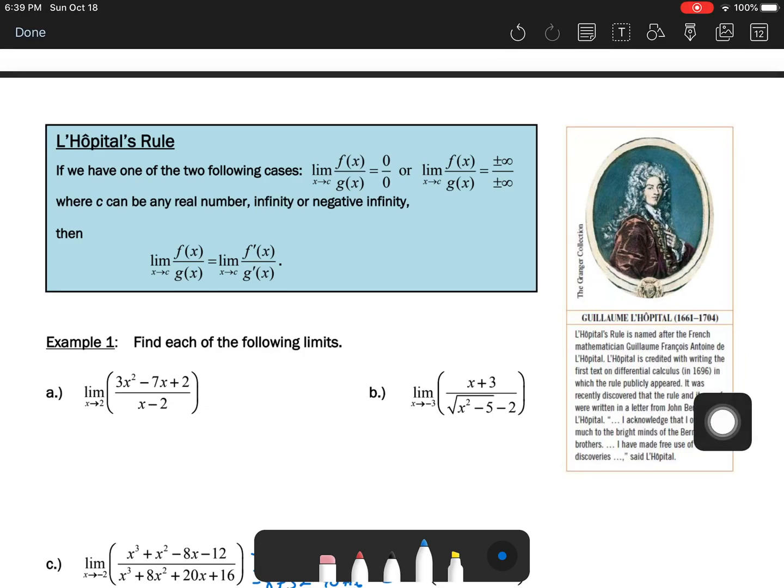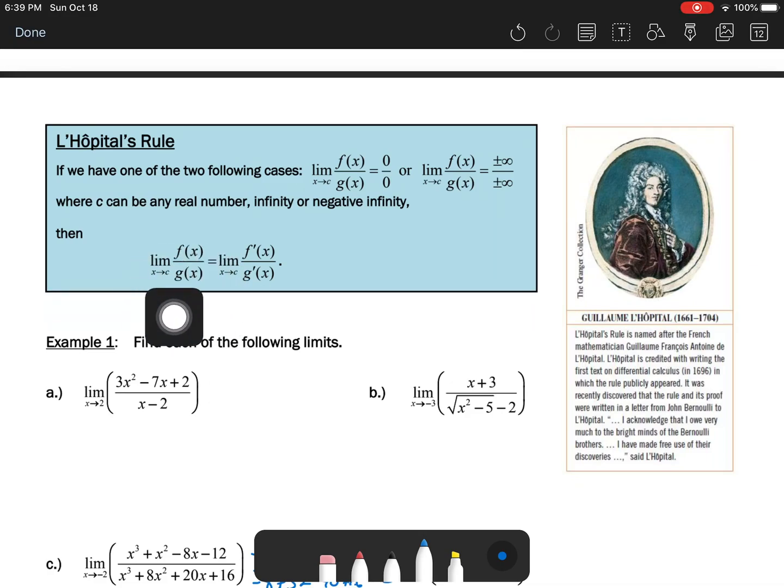It's called L'Hopital's rule. If we have one of the following cases where we have 0 over 0 or infinity over infinity, positive or negative, in the numerator or denominator, then if we're taking the limit as x approaches some constant value, and these apply to functions that are typically rational functions, maybe not polynomials in the numerator and denominator, maybe you have a trig function or an e to the x like we saw.